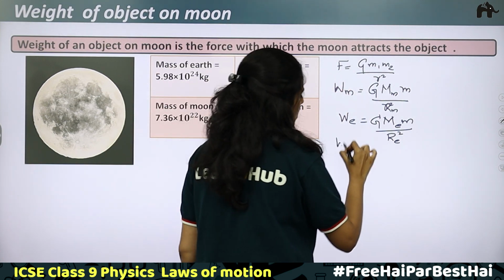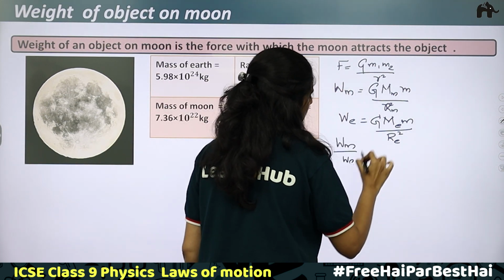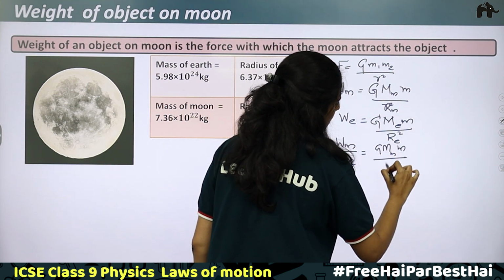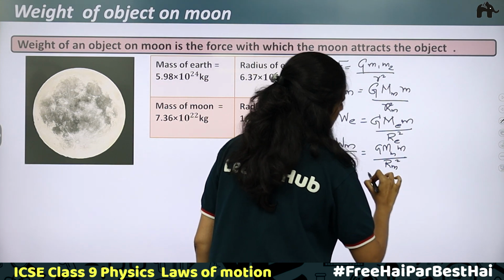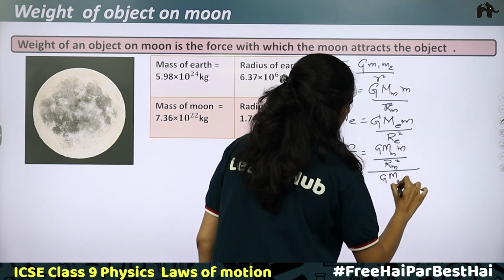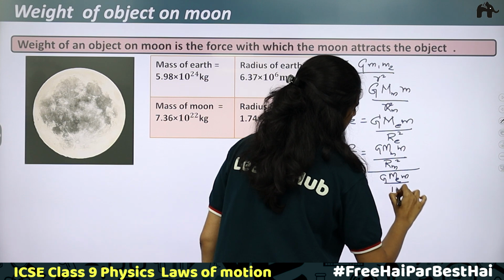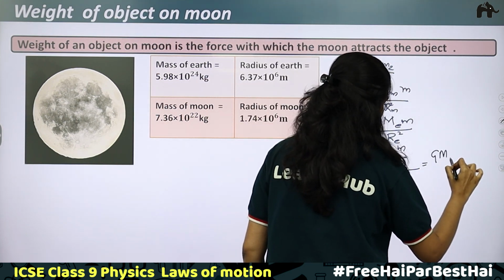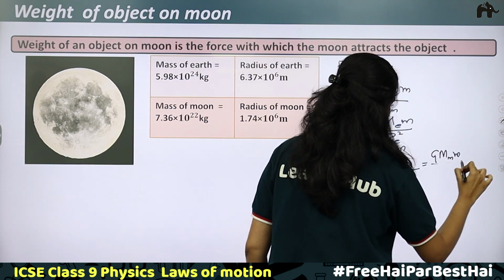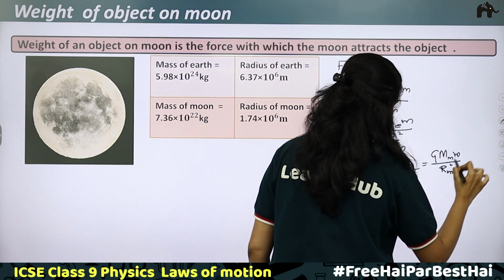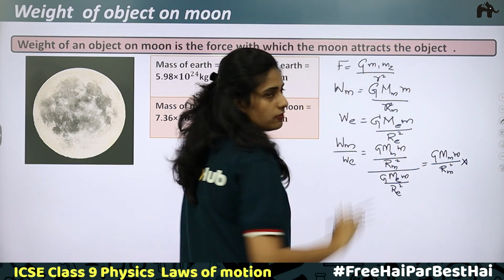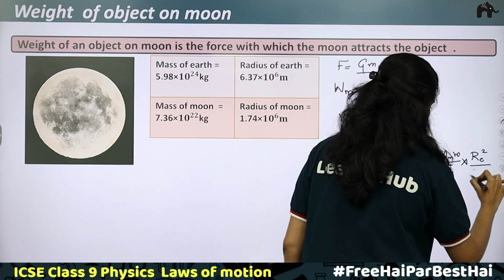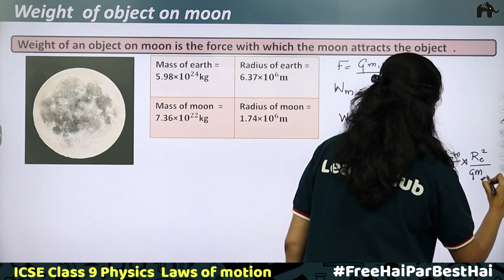Taking the ratio Wm by We, we get G mm into m divided by Rm square, divided by G me into m divided by Re square. This is equal to G mm m divided by Rm square, taking the reciprocal and multiplying Re square divided by G me m.